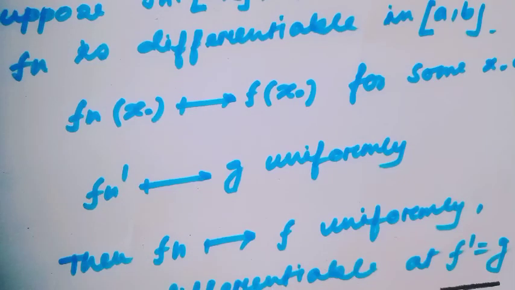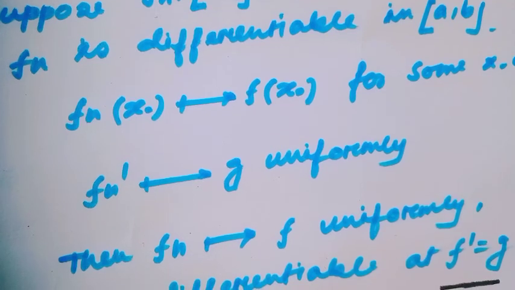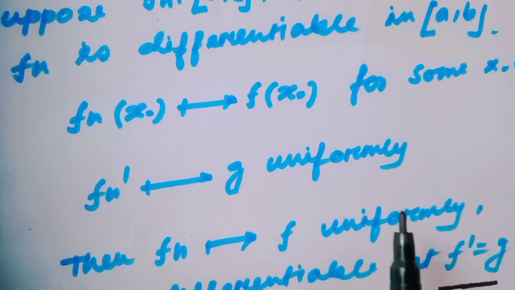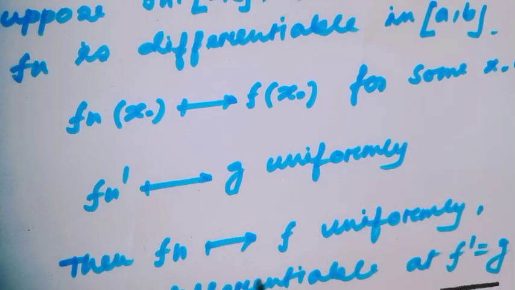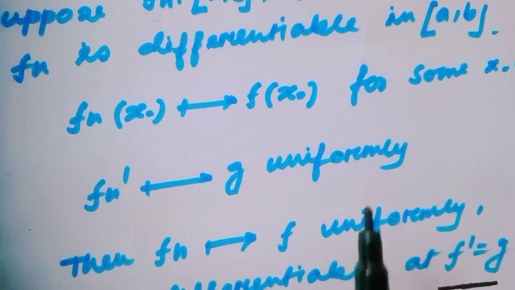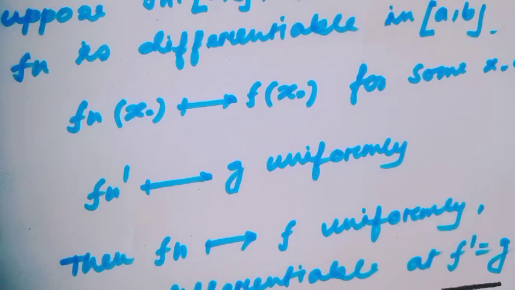That means the converse of the theorem is not true. If f_n' converges uniformly, that implies f_n is uniformly convergent. But if f_n is uniformly convergent, that does not always imply f_n' is uniformly convergent.